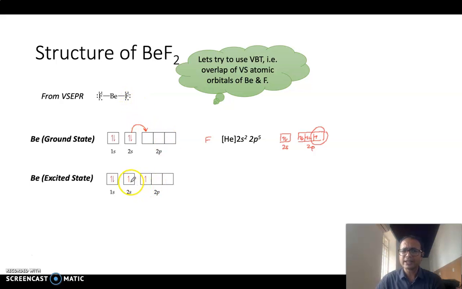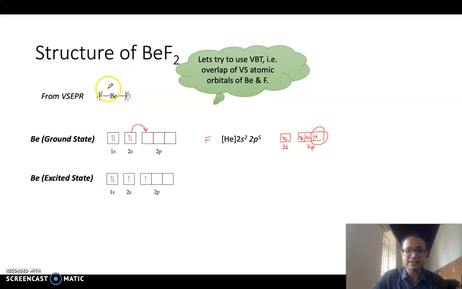If two different kinds of orbitals are involved in bond formation on beryllium, then these two bonds should be completely different. That means the bond length and the nature of the bond should be different, because they are formed with the overlap of different sets of orbitals.